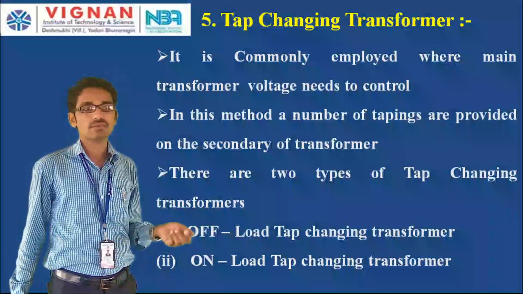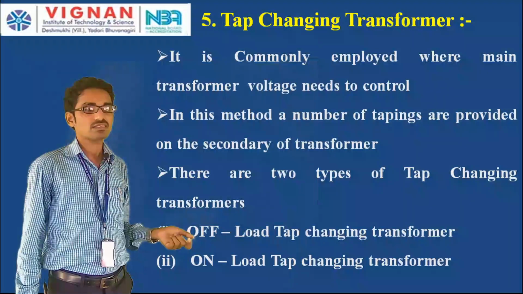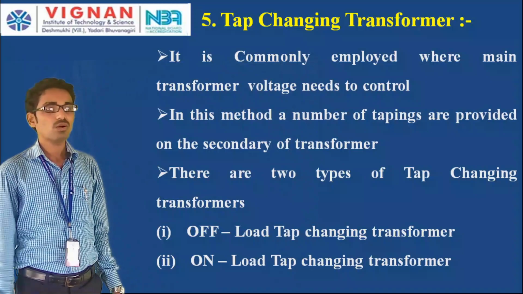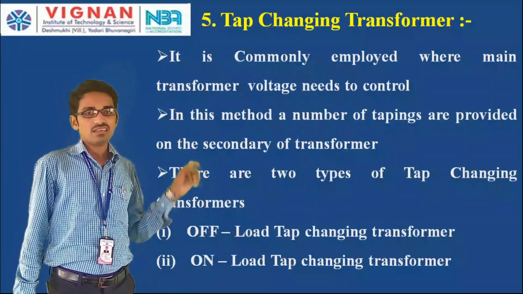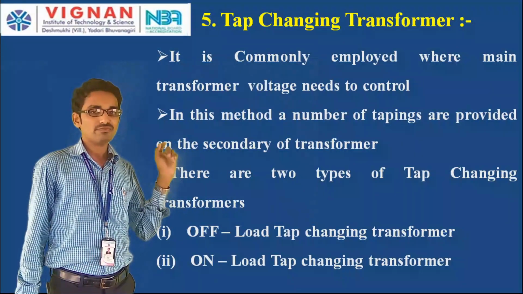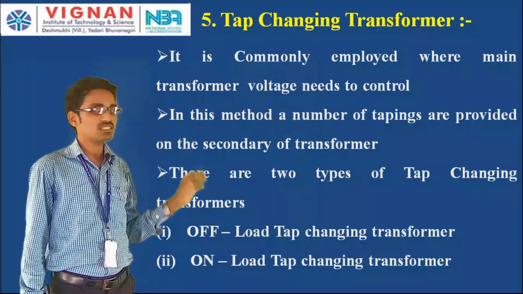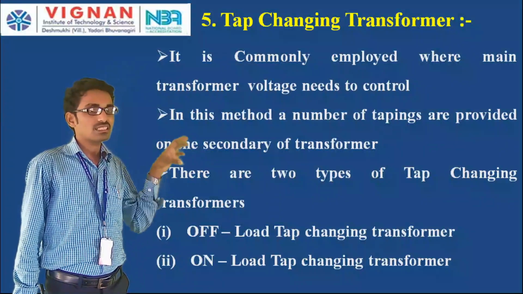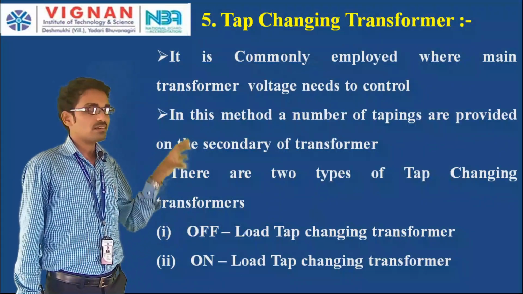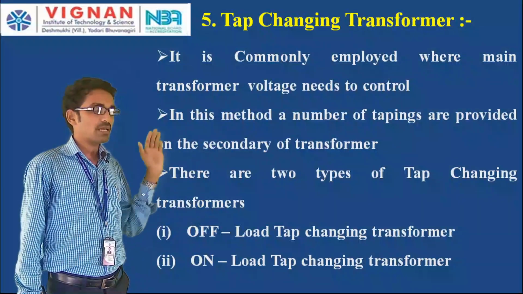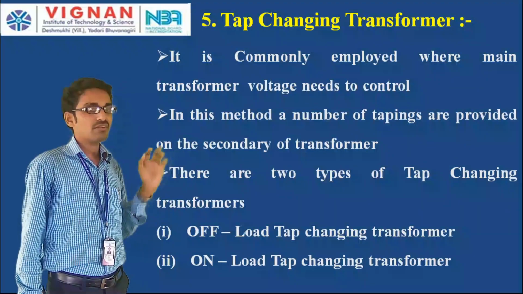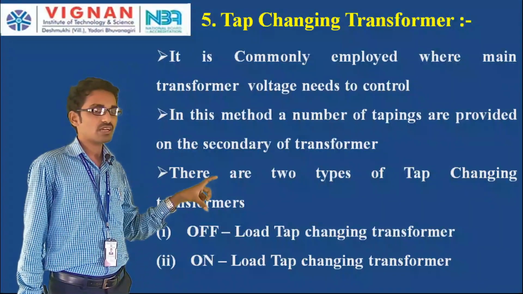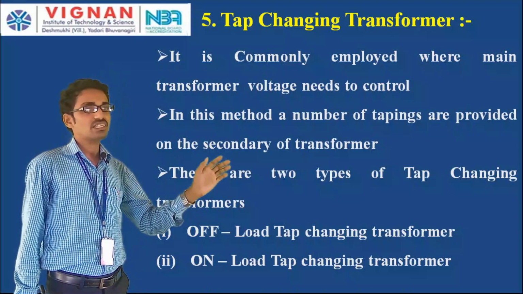The first topic in this lecture is tap changing transformers, the fifth one in the methods of voltage control. It is commonly employed where the main transformer voltage needs to be controlled. Tappings are provided on the secondary of a transformer. The primary of the transformer is given the main supply, a fixed voltage, and the voltage needs to be changed at the receiving end, or the secondary side. So we provide tappings on the secondary side in order to change the voltage.